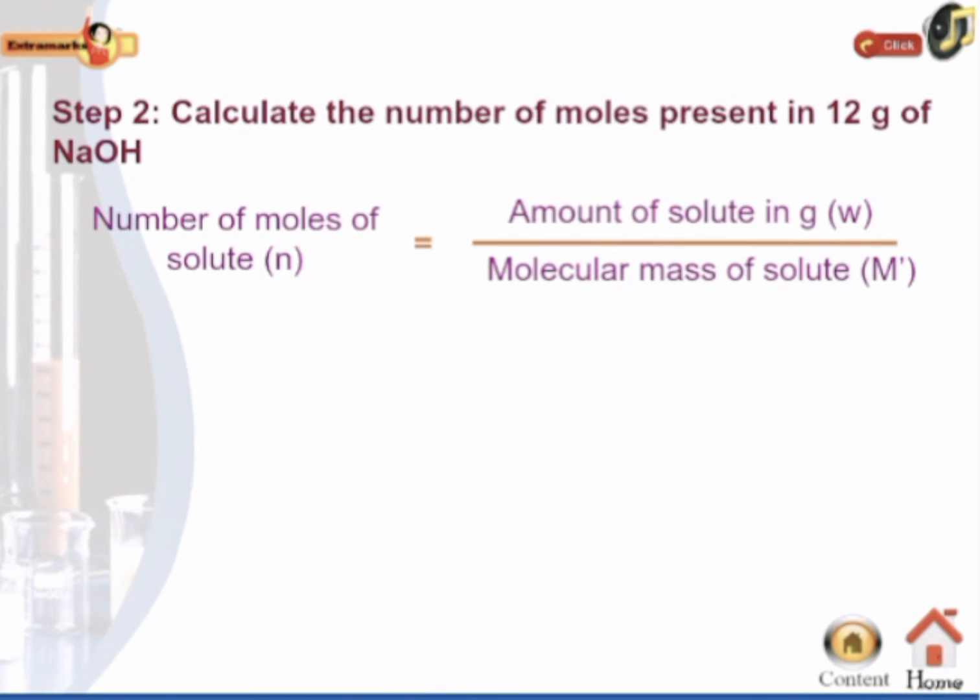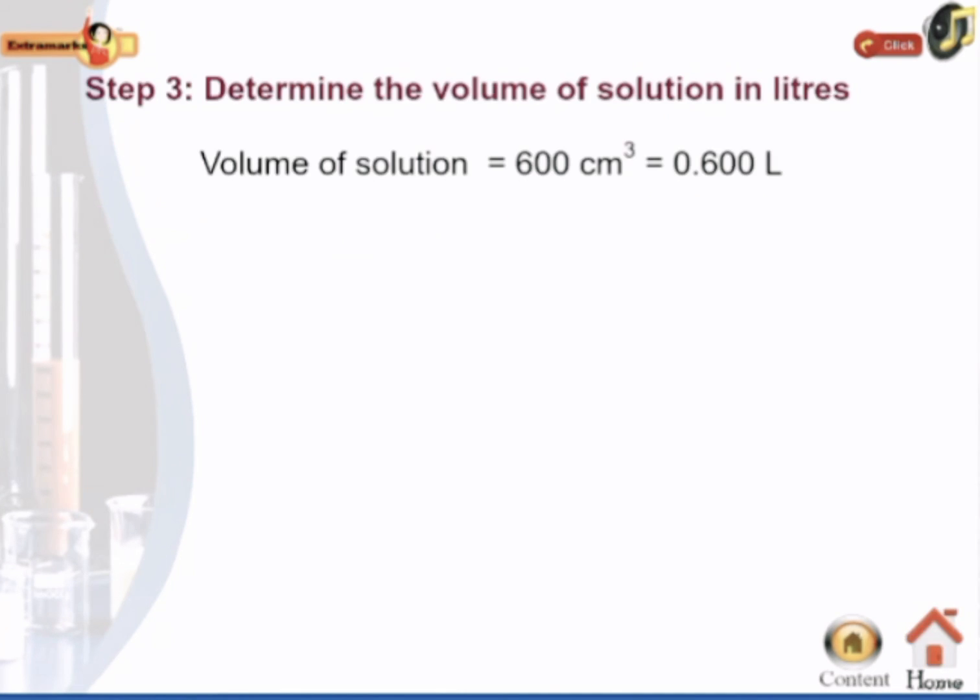Step 2. Calculate the number of moles present in 12 grams of sodium hydroxide using the given expression. Step 3. Determine the volume of solution in liters. Here the volume of the solution is equal to 0.600 liter.